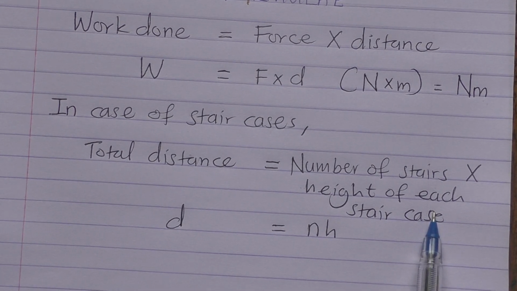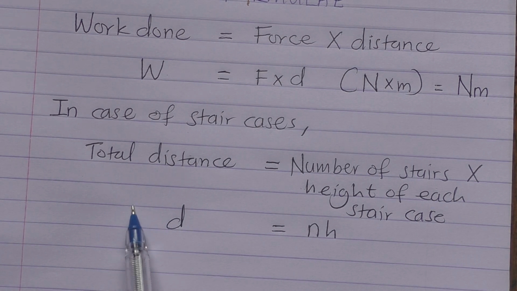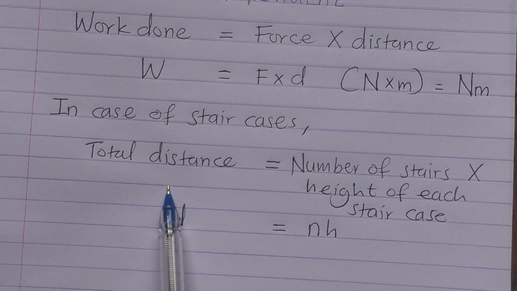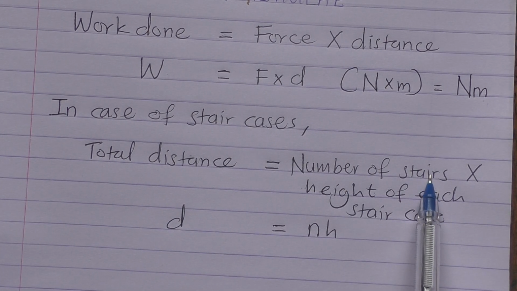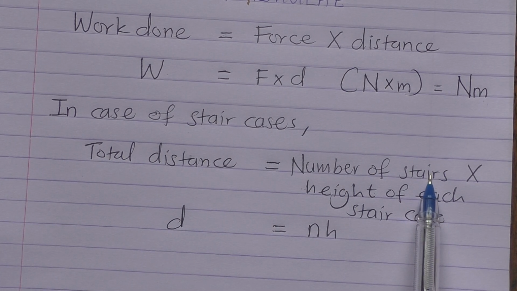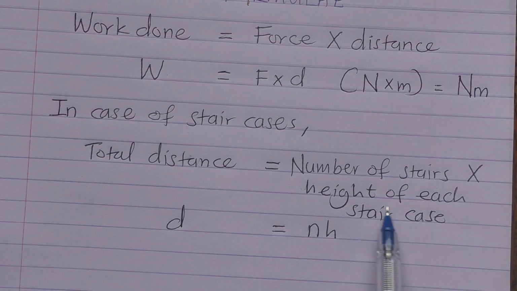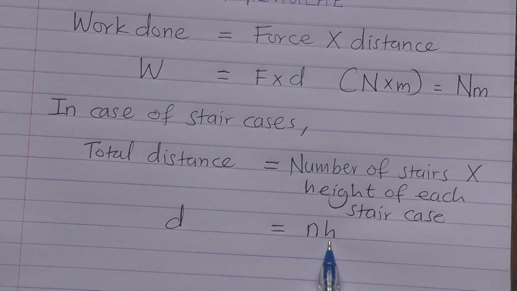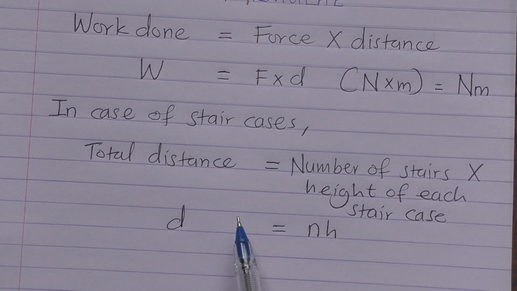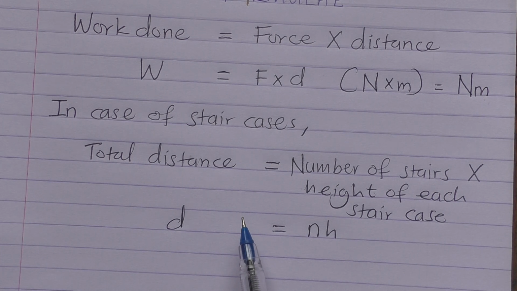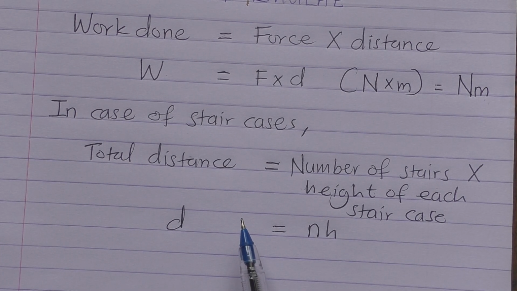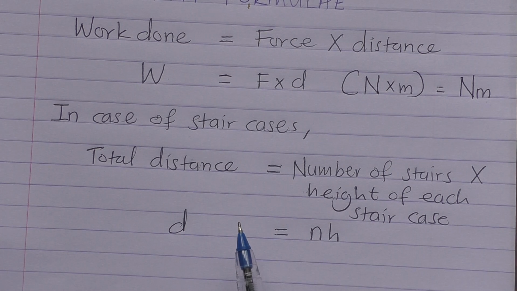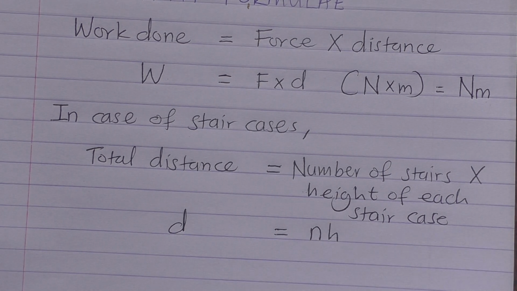I'm repeating, in case of staircases, the total distance will be given by the number of steps or stairs times the height for each step or stair. That's how we shall get the distance D, as we shall be looking at the examples. So that is the important formula for work done.